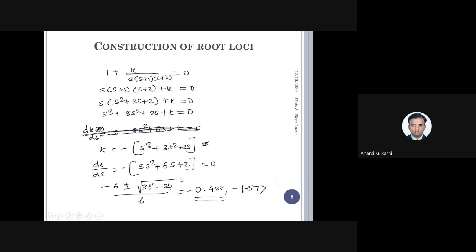If you simplify that, minus 6 plus or minus root of 12, since 36 minus 24 is 12, divided by 6. Once you add that, once you subtract that. One point will be minus 0.423, another point will be minus 1.577. So I don't know which is the maximum and which is the minimum value of K. One is maximum, one is minimum.